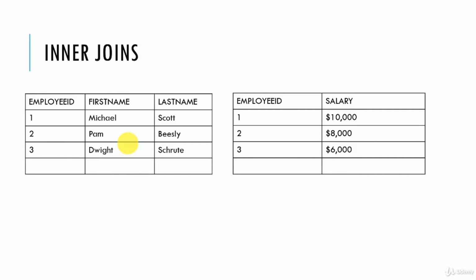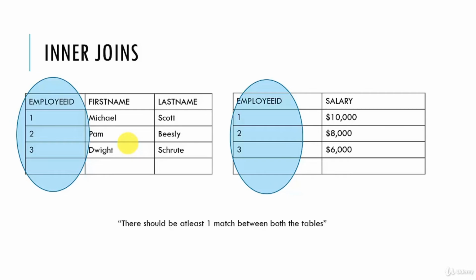Now, if you observe closely, you see that employee ID is common across both the tables. So I can say that employee 1, whose first name is Michael, would have a salary of 10,000 because the same employee ID is referenced in the second table. And that's where the concept of joins really becomes very interesting. Now, the speciality of this inner join is that you will only get the rows which are common across both the tables, right?